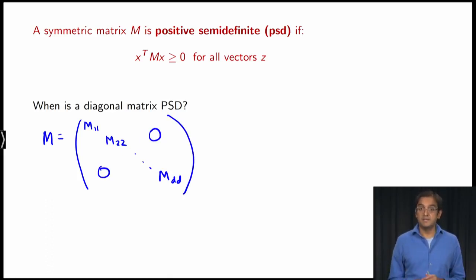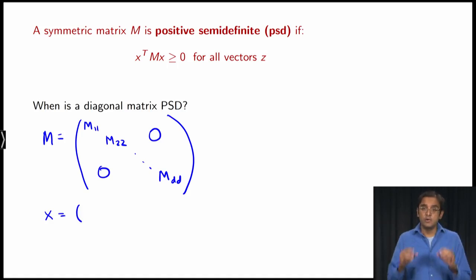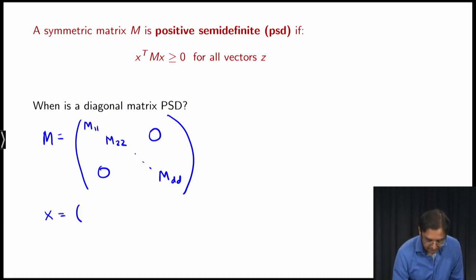When is a matrix like this positive semi-definite? Well, we know x transpose Mx has to be greater than or equal to 0. Why don't we try this x? Let's try the vector x, which is 0 everywhere except for a 1 at the ith position. Okay, so it's all zeros except for a 1 at the ith position.